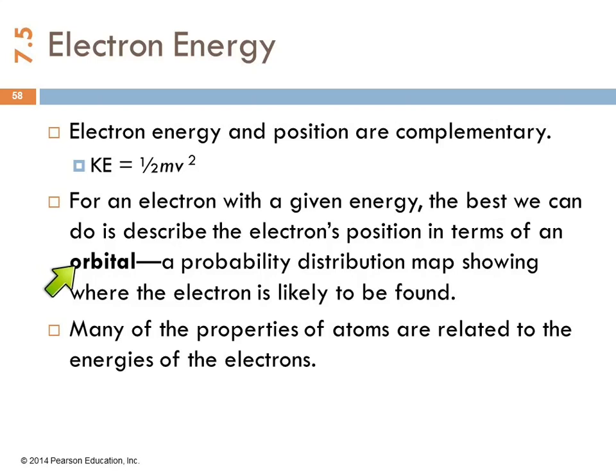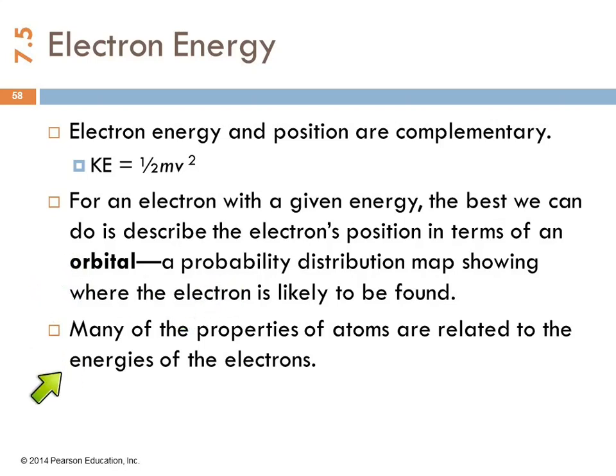The Bohr model had orbits, which were nice, understandable orbits like a planet's orbit. This orbital, it's got 2 extra letters on the end, a very different animal. It's a probability distribution map showing where the electron is likely to be found.